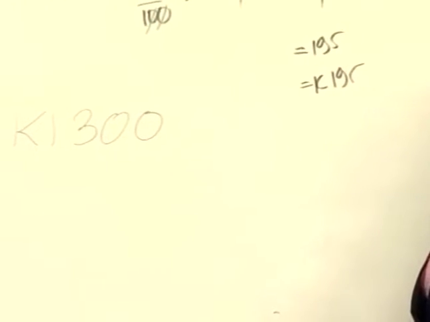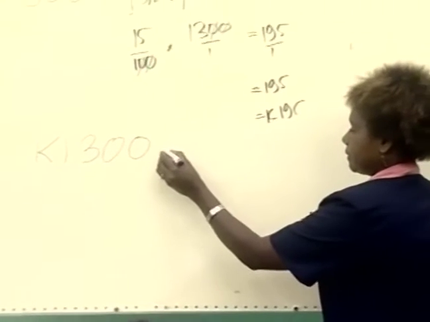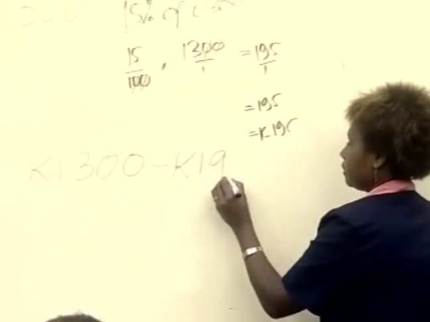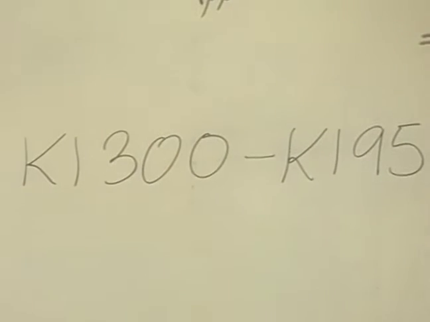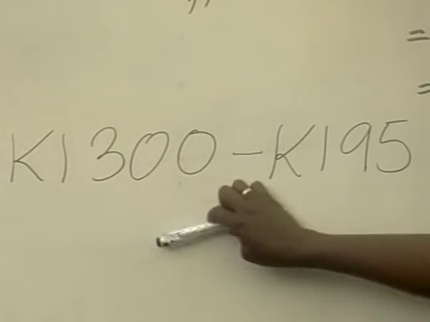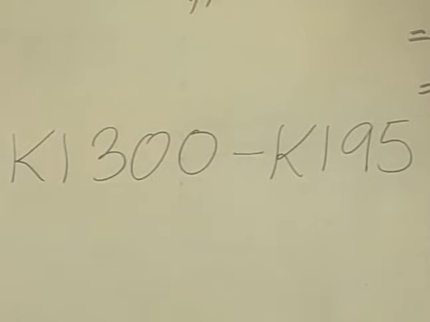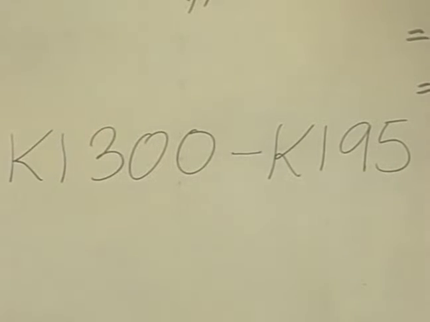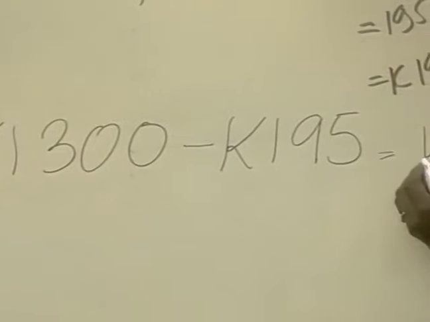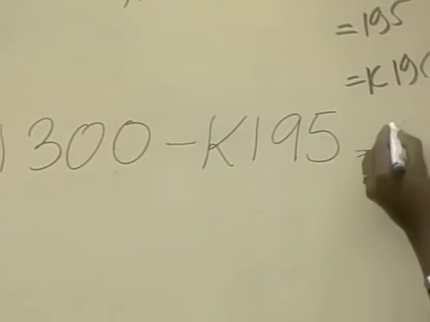What was our discount price? 195. We can either lay it out this way or in columns so that your working out is easy. Quickly work out your answer.